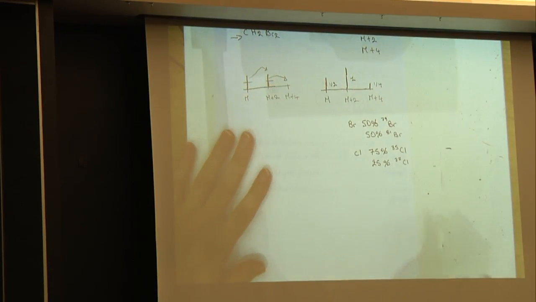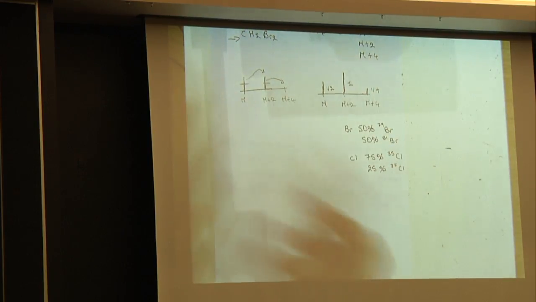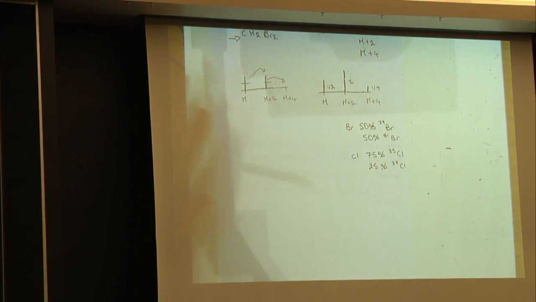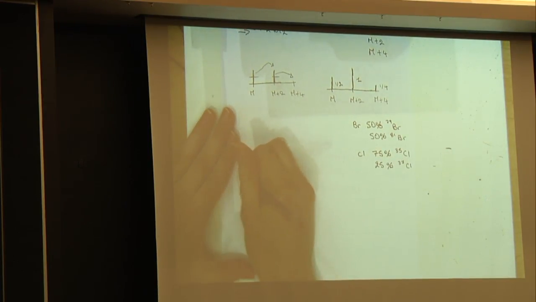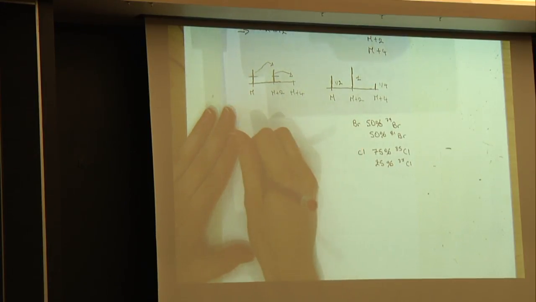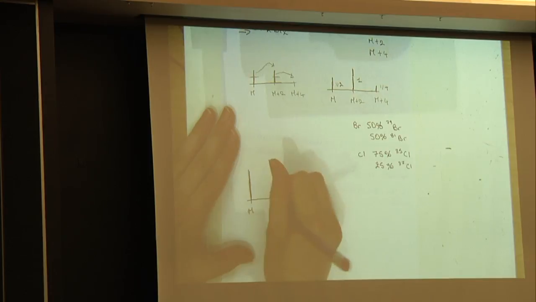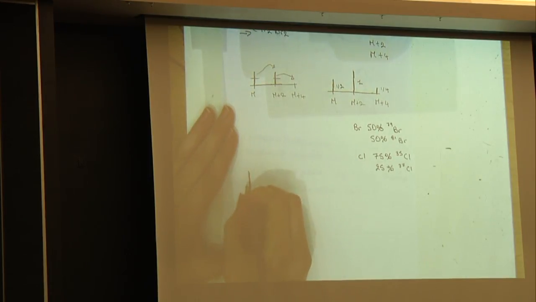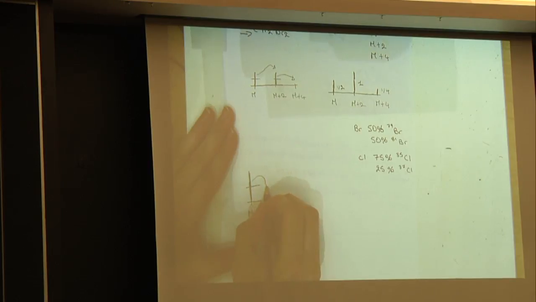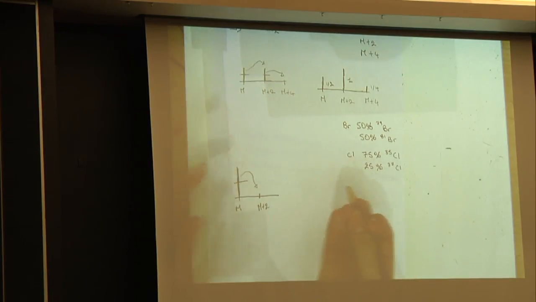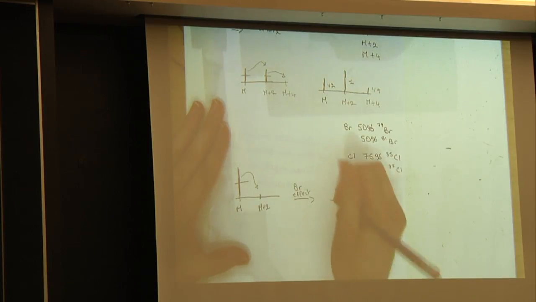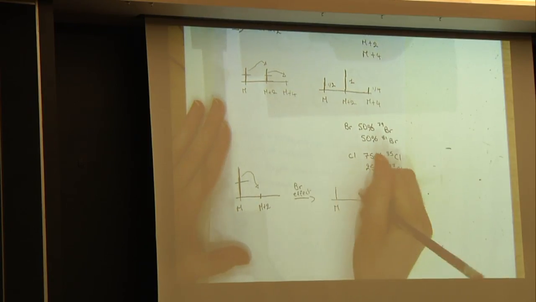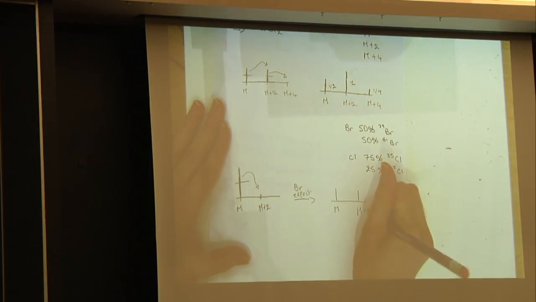So let's do the other compound, CH2ClBr. I'm going to have a certain height at M, and I know that at M+2, due to the bromine effect, I'm going to have half of it here. So this is if I had only one bromine and no chlorine. This is the bromine effect. Then I would have 2 peaks equal to each other at M and M+2, equal in height.